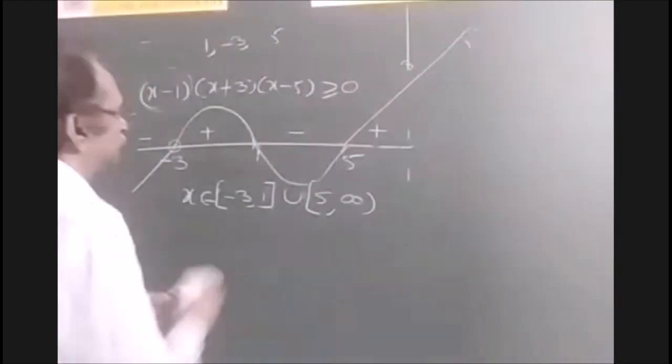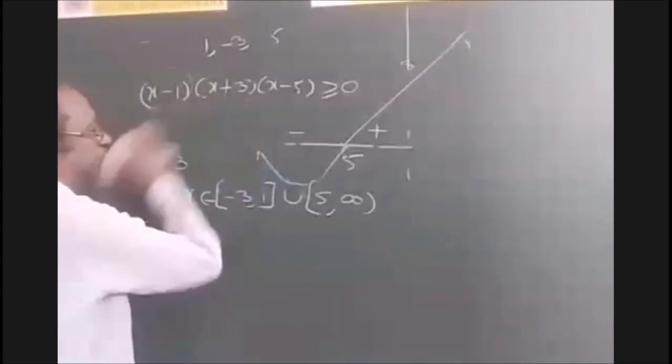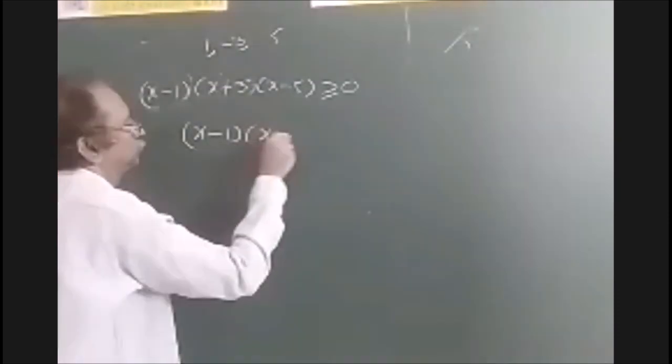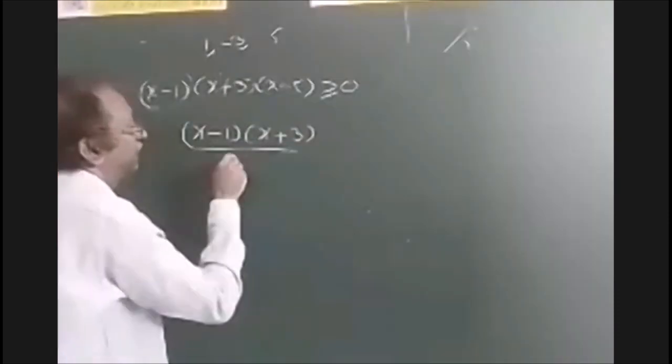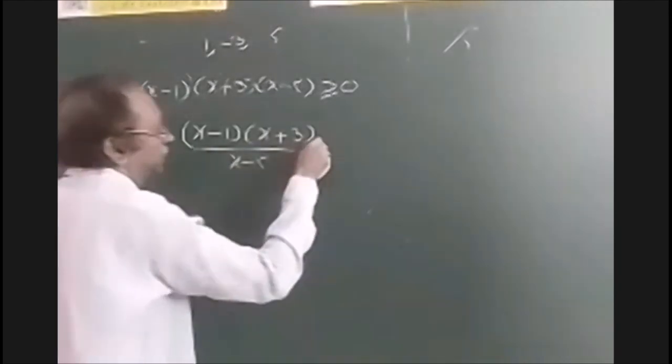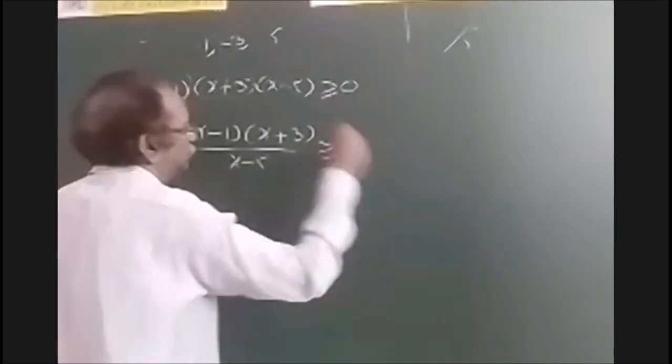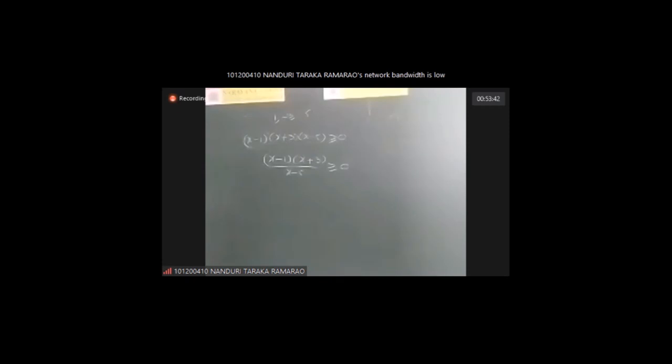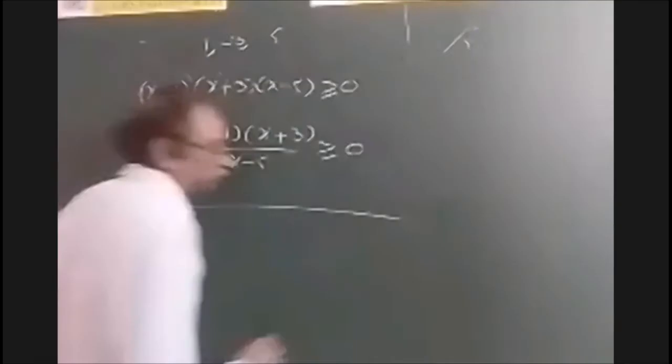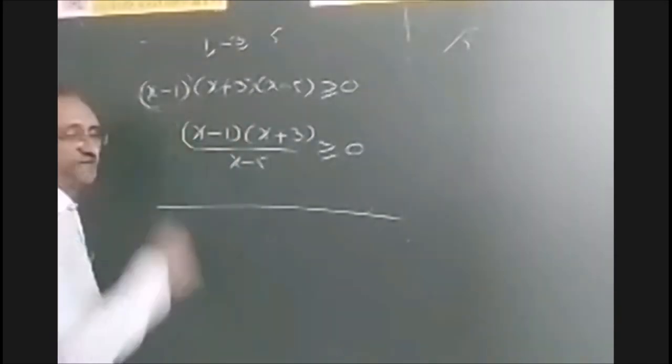See, suppose there is a small change here. It is a fraction: (x minus 1)(x plus 3) by (x minus 5) greater than or equal to 0. Then how to write this? Again, because these are linear factors, first find the numbers at which the linear factors are zero.